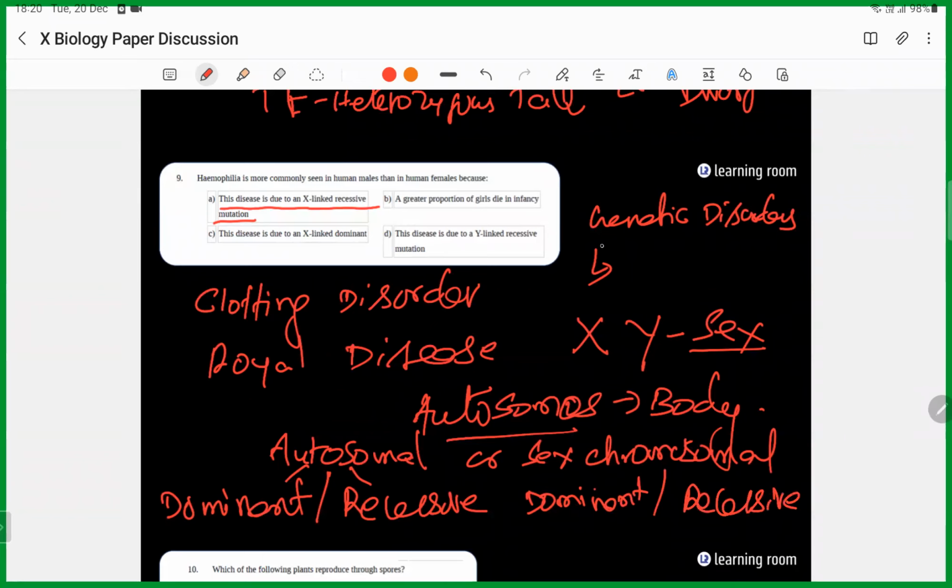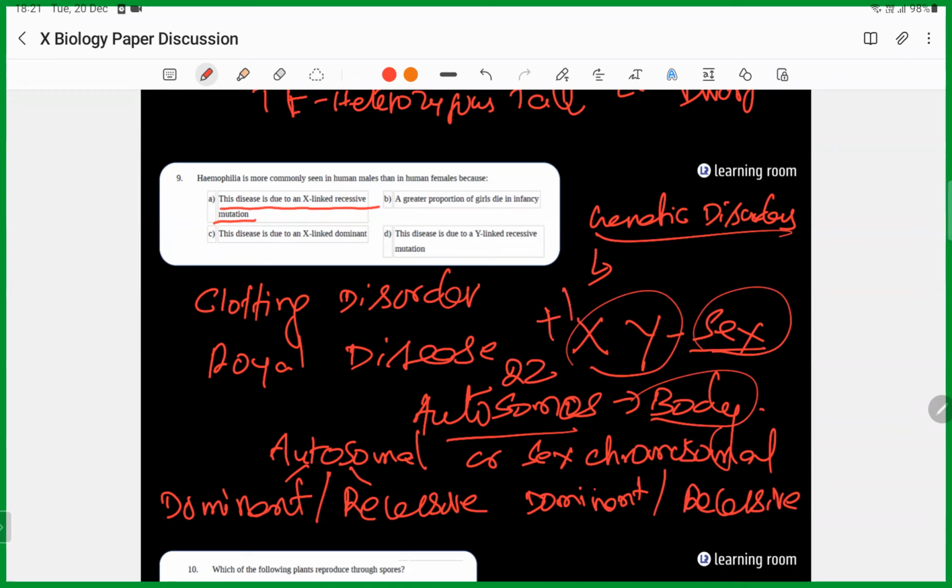In our body we have sex chromosomes X and Y, and the other 22 pairs are autosomes, 22 pairs plus 1 pair of sex chromosomes. In these there are two types of genes, dominant and recessive. So it may be an autosomal dominant or autosomal recessive disorder, or a sex chromosomal dominant or recessive disorder.